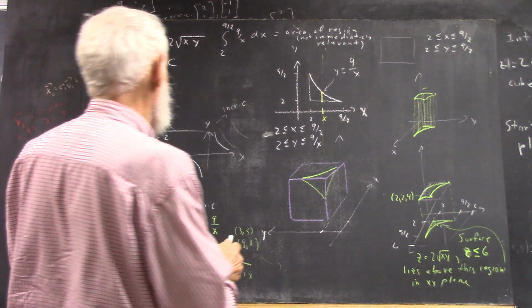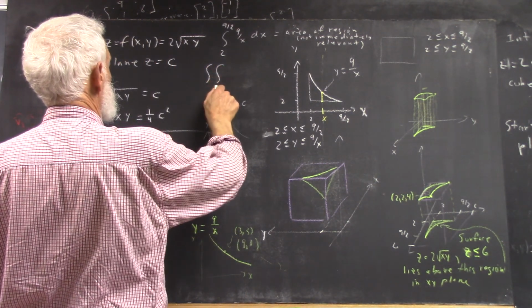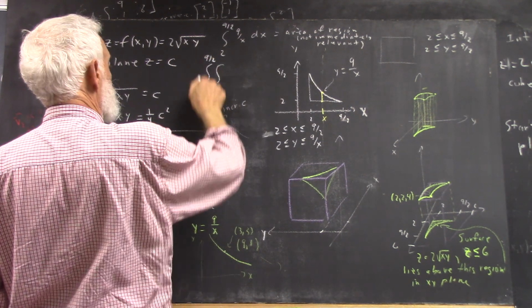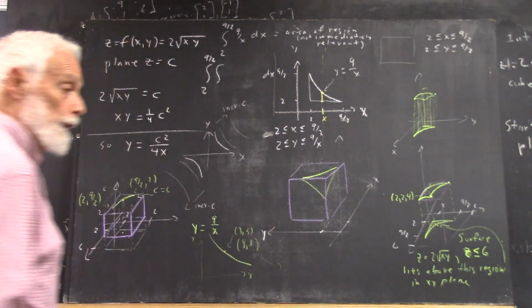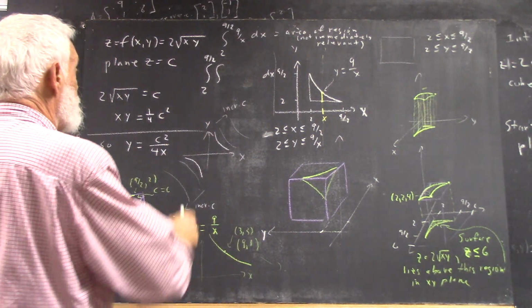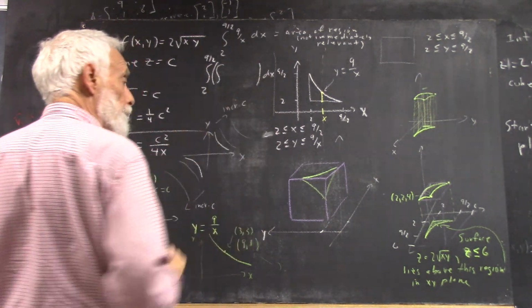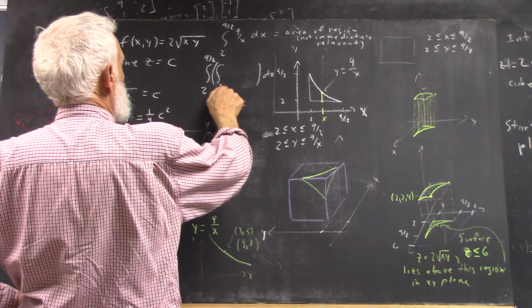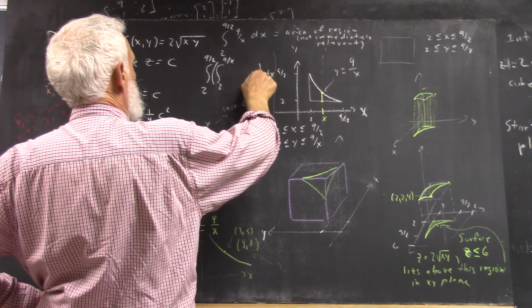Well, it turns out that what we do is we integrate with respect to x from 2 to 9/2, but what we integrate is another integral which goes from 2 to 9 over x with respect to y.